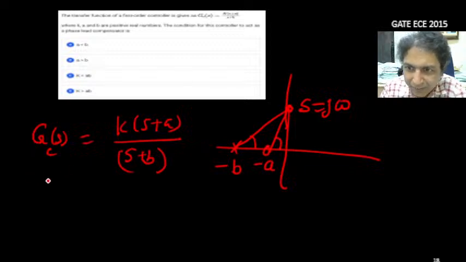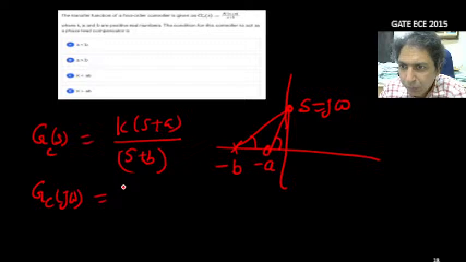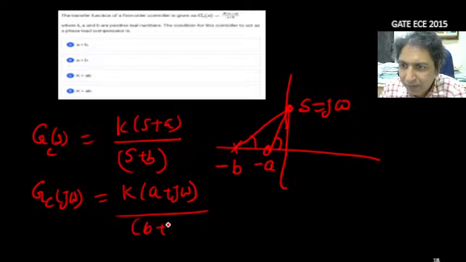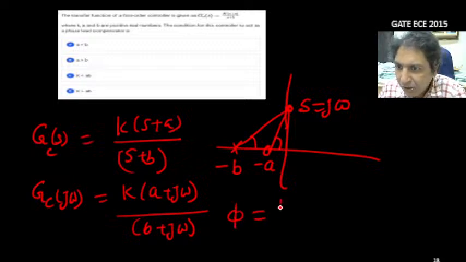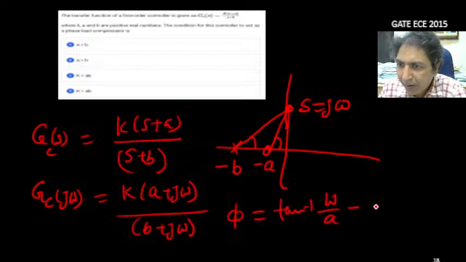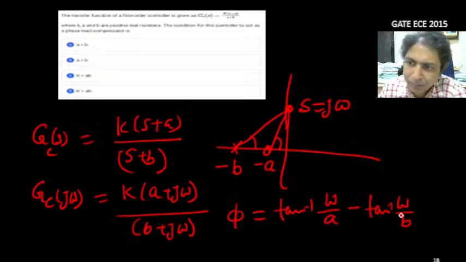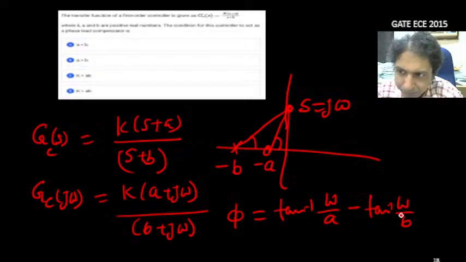So you can see that GC of j omega will be K times A plus j omega upon B plus j omega. So what is the phase? Phase equals tan inverse omega by A minus tan inverse omega by B. Correct?